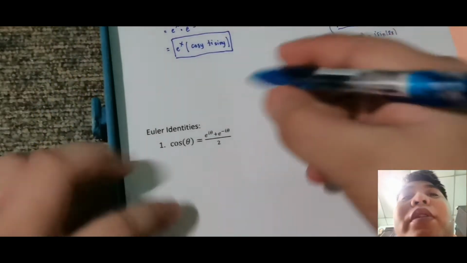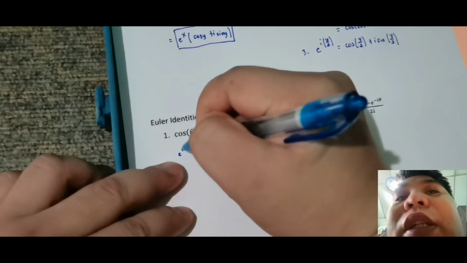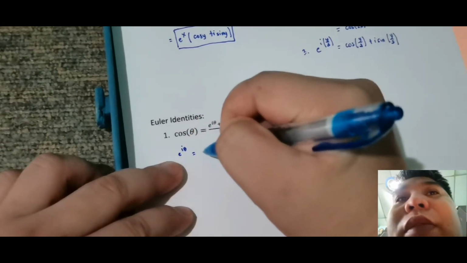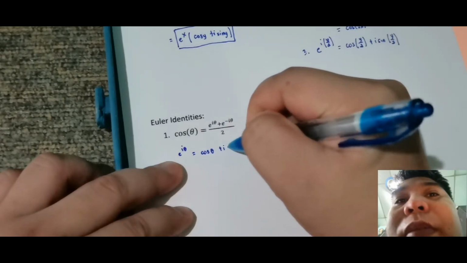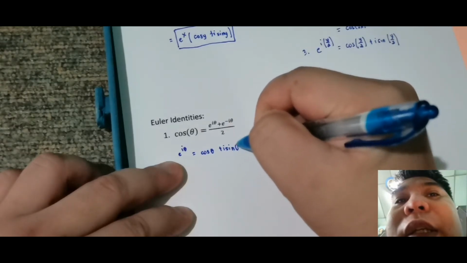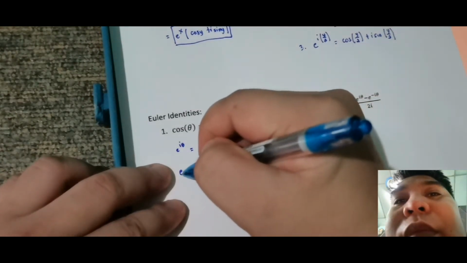So, paano siya dinerive? So, consider mo si e raised to I theta. So, e raised to I theta is equal sa cosine theta plus I sin theta. Okay, so next is e raised to negative I theta.